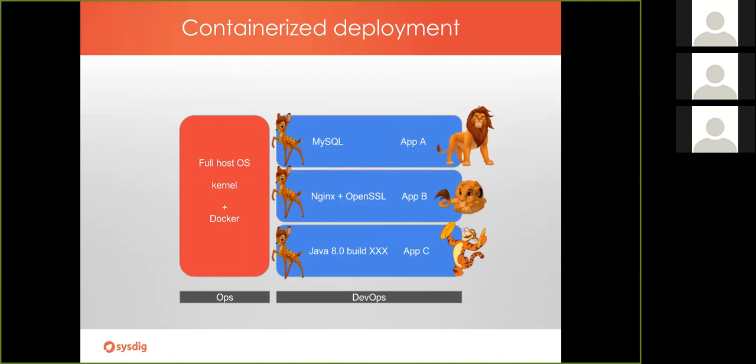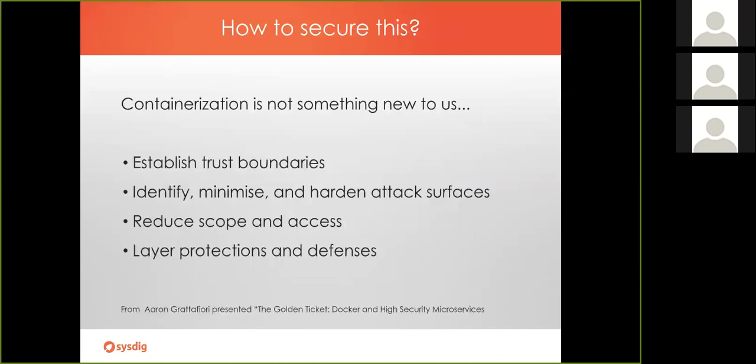So when they need a specific version of Nginx or OpenSSL or Java, they just need to deploy it in your container platform. This is changing how we have traditionally approached security.